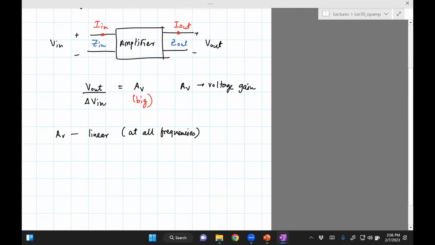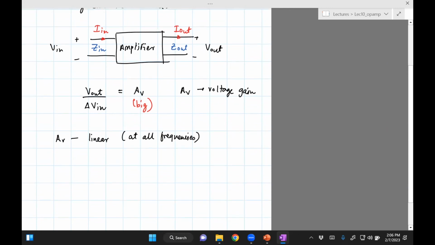Okay, now let's look at the other things here, which are I in and I out. Why have I written those things? Now we know that V in divided by I in, voltage divided by current, is the impedance. And this should be big.